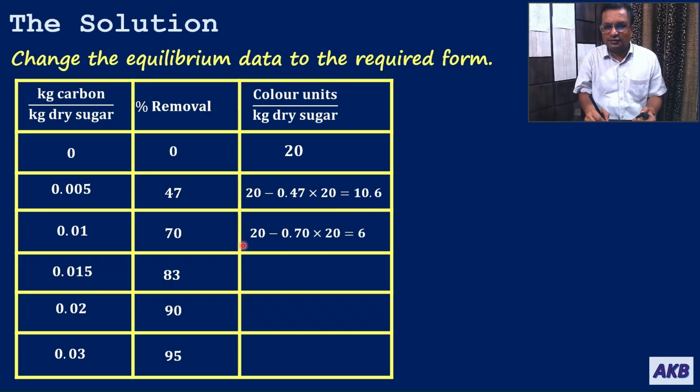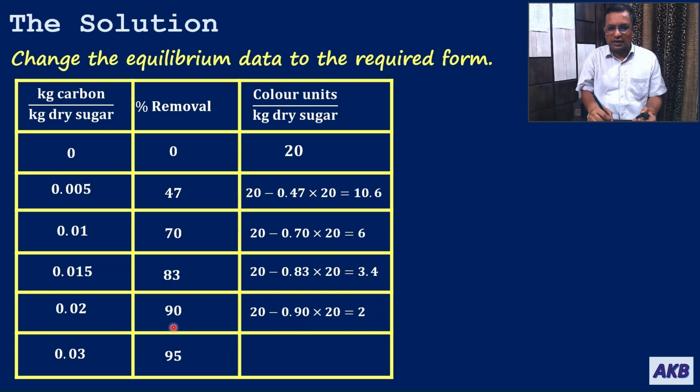And then for when 70% of the color is removed, it will be 20 minus 0.7 into 20, that is 6. Then when 83% of the color is removed, it would be 20 minus 0.83 into 20, that is 3.4. When 90% of the color is removed, it would be 20 minus 0.90 into 20, that is 2.